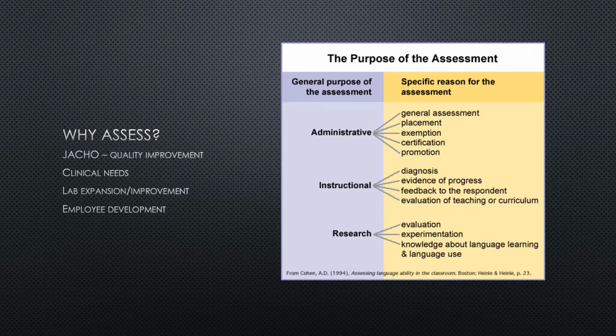Looking at the assessments that have been done on the employees, this is why we chose so-and-so to expand our coagulation department and improve our online connection, whatever it is. And this allows not only the lab to improve, this is what JACO wants, they want the lab to improve. Expansion is not necessarily required, but they definitely want to see improvement.